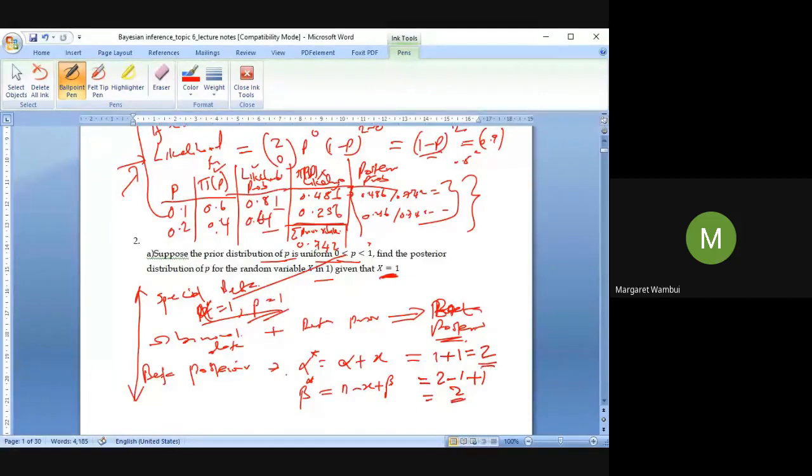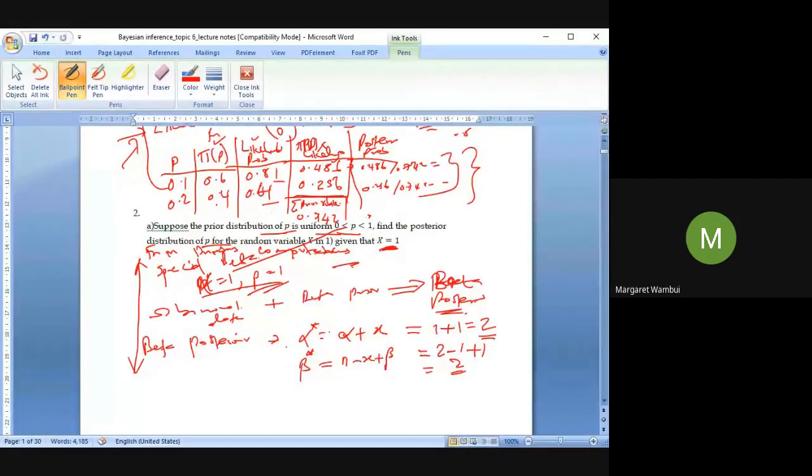So we end up getting our two new parameters, because remember beta is a conjugate prior to binomial data. So we get a beta posterior with the parameters 2, 2. And that is what the question was all about: find the posterior distribution for P. Because we have worked it out before, I can write it down from previous computations, so I don't have to compute it again. So we end up getting that as our beta.